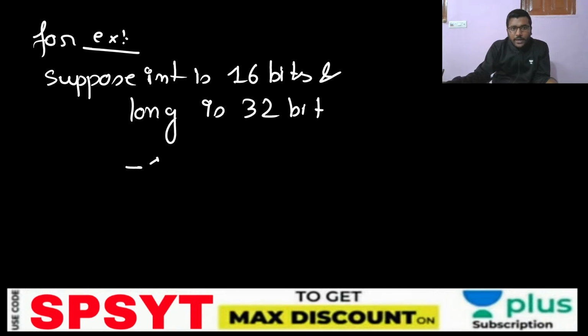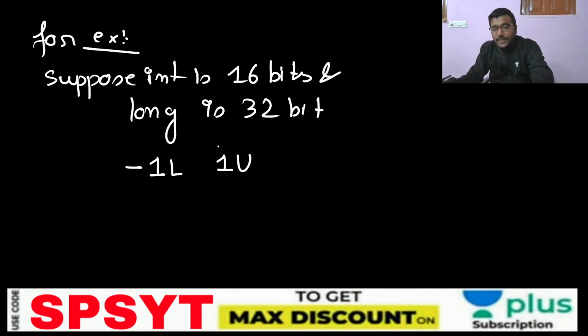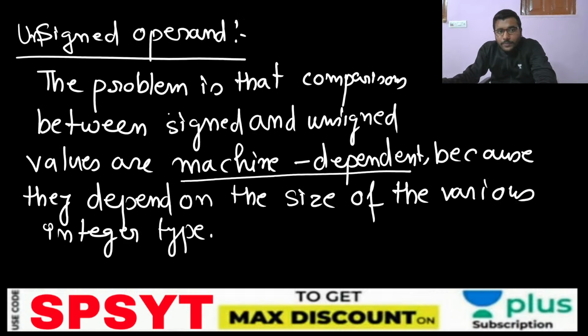Then if I write -1L, which is a long, and 1U, which is unsigned int, which is greater? You have taken that int is 16 and long is 32, so the comparison is machine dependent because it depends on the size of various integer types.